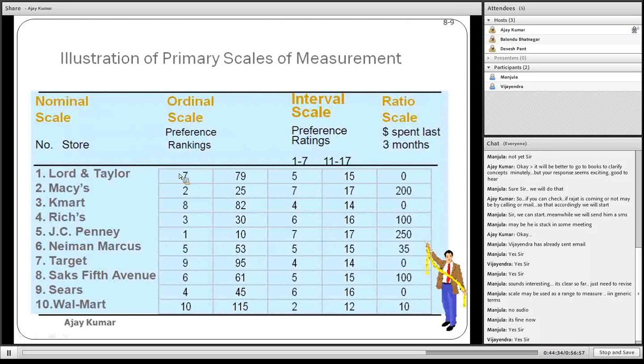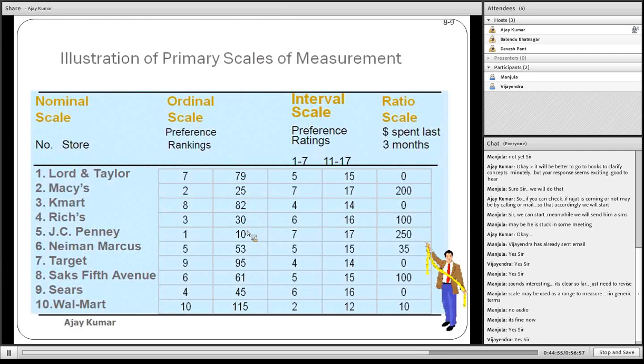Ordinal thing, we say it is an order. So you say JCPenney is 1, then after JCPenney comes Macy's. In the same way as we have discussed in Excel, no one stops you if you call it 10 and then you say the second number is 25. Here the lower the number, the better.